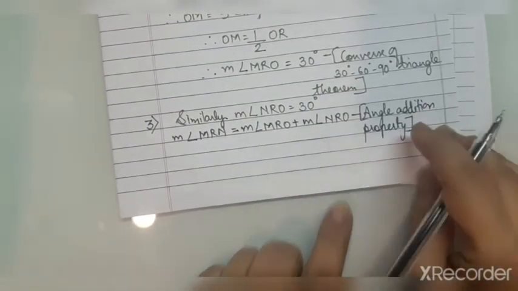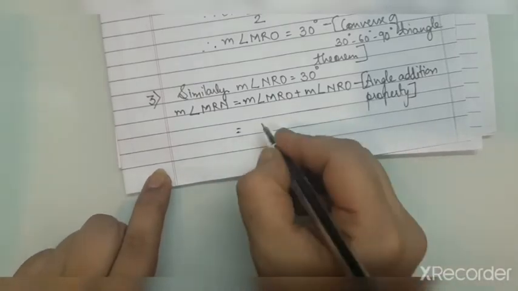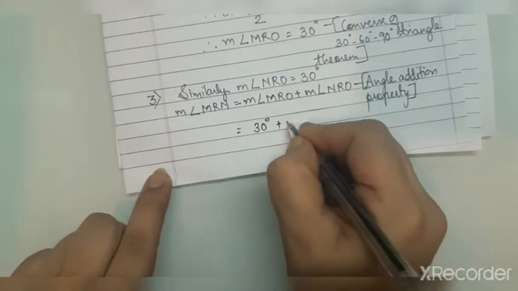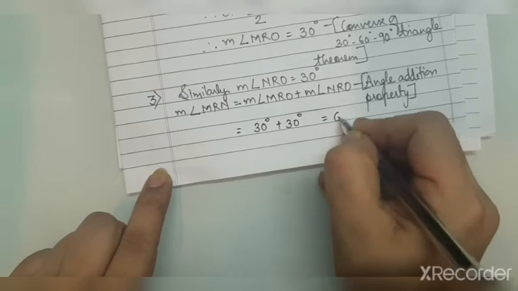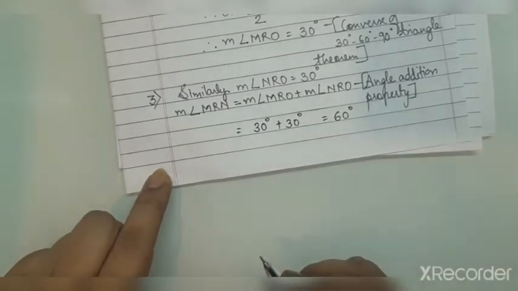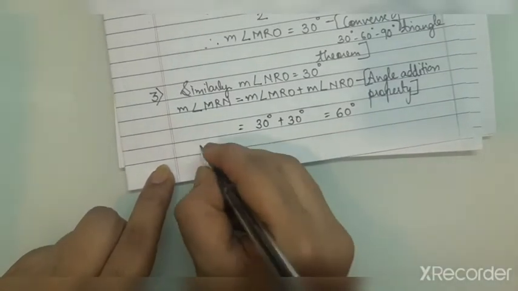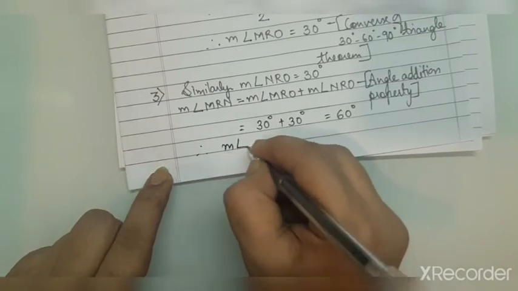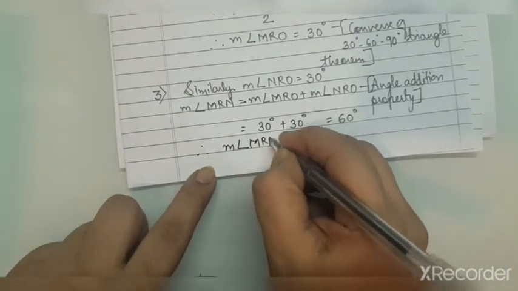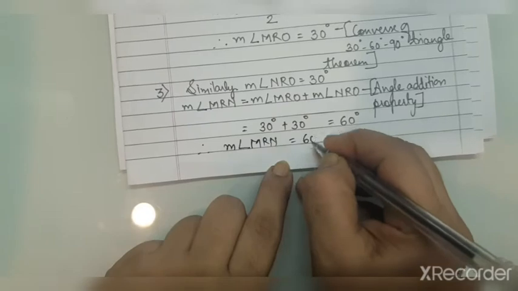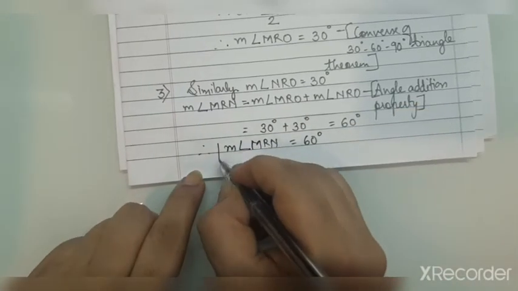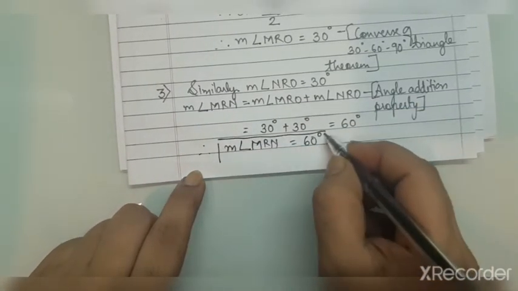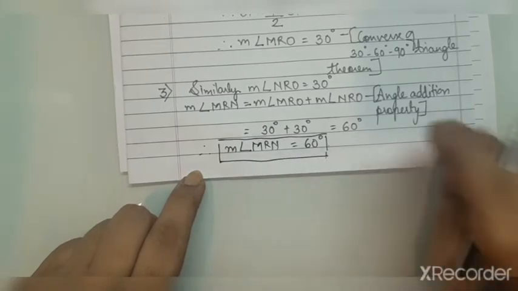Okay children, and we know both the angles, that is 30 degree plus 30 degree, which is equal to 60 degree. Okay, and then the final statement: therefore measure angle MRN is equal to 60 degree. So this is a final answer.